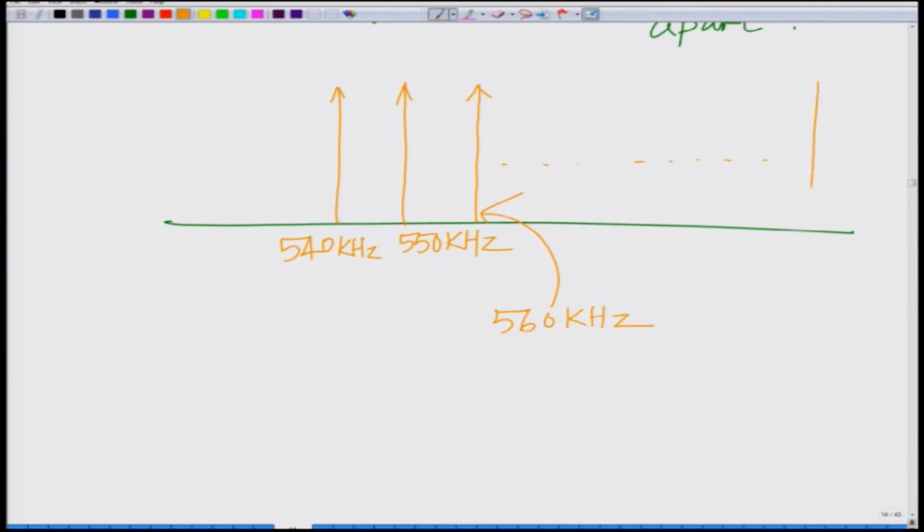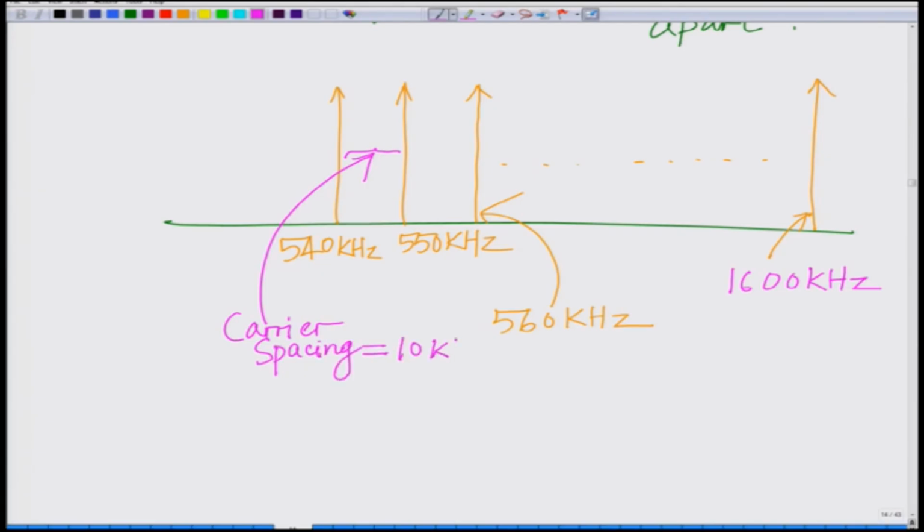The last carrier, obviously this is not to scale, will be at 1600 kilohertz. So, the carrier spacing, that is your FC2 minus FC1, is only 10 kilohertz.